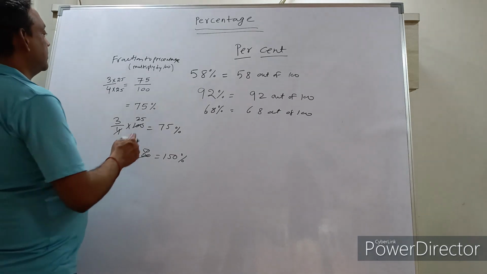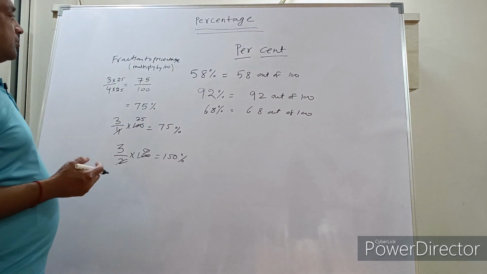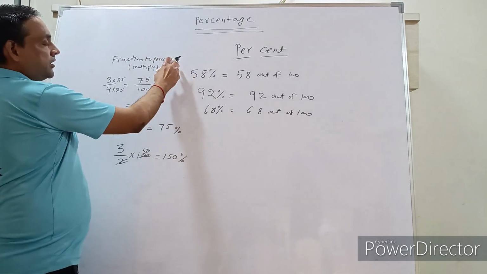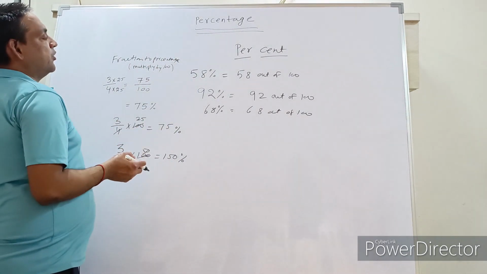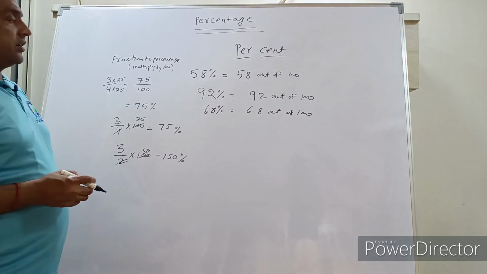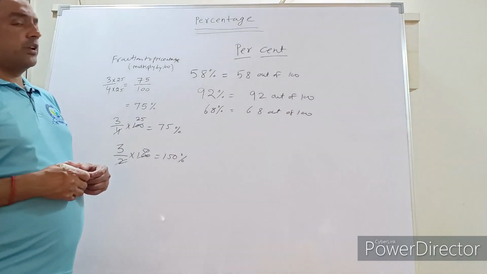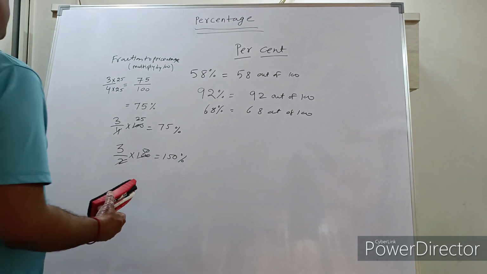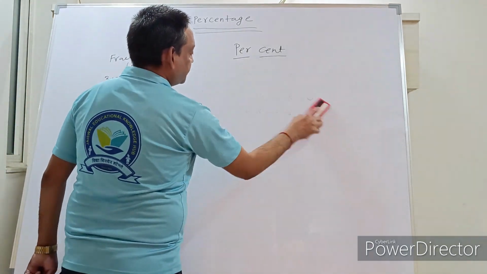Understood? The second one is decimal to percentage. So here you can directly say, to convert from the fraction to percentage, decimal to percentage, ratio to percentage, we simply multiply by 100. So anything multiplied by 100 you will get in percentage.